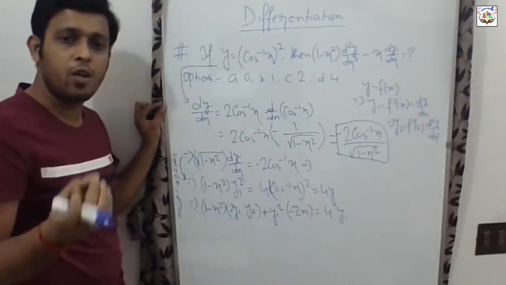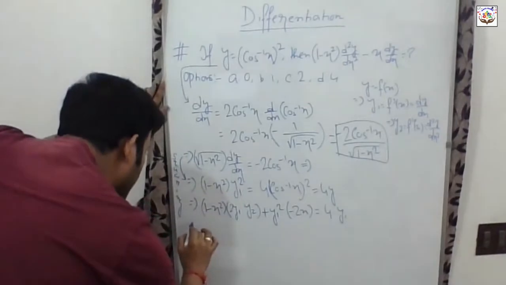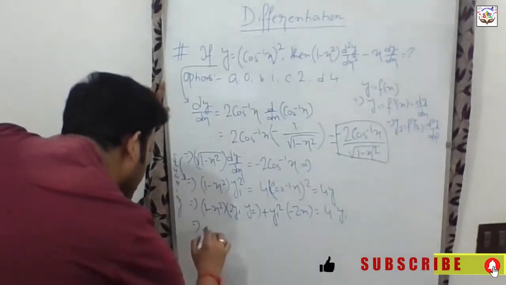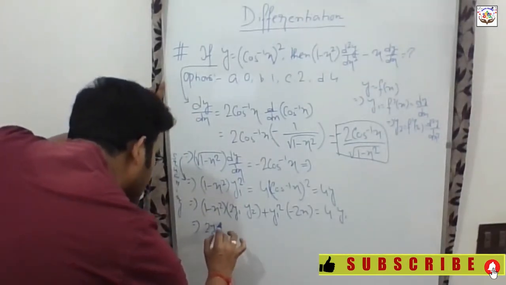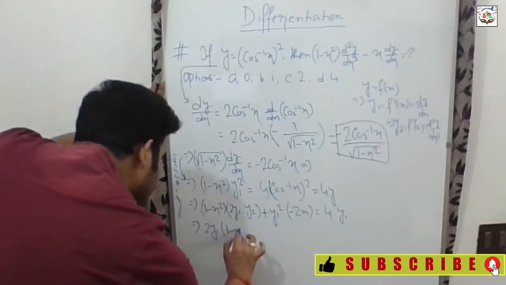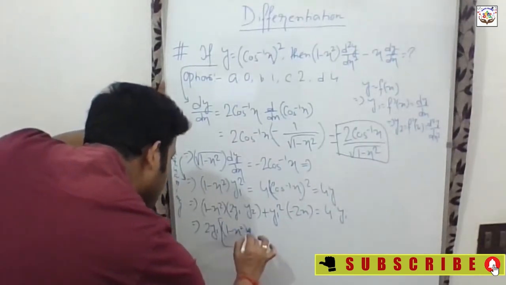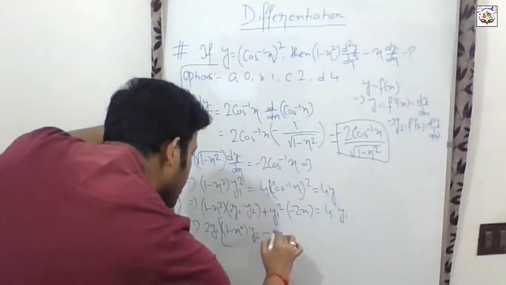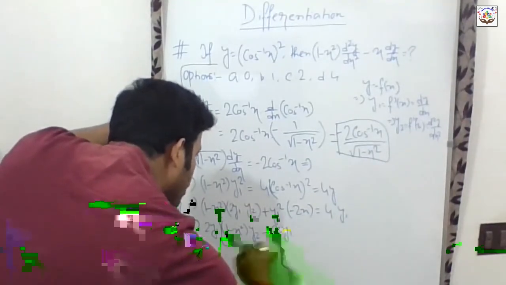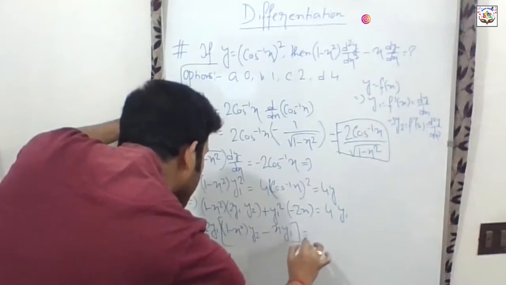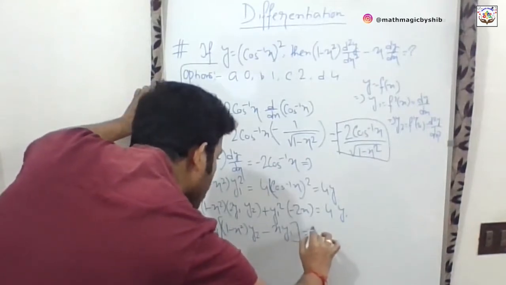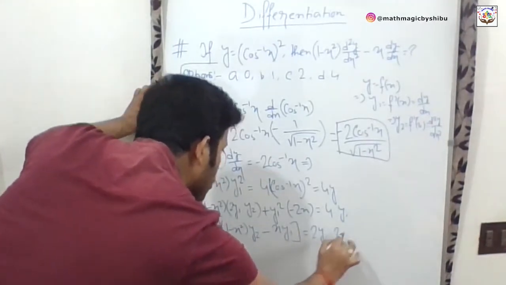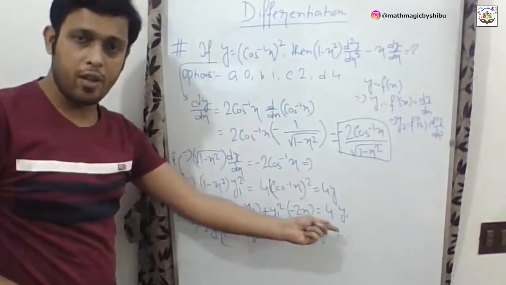We can take 2y1 as common. If we take 2y1 as common from both the sides, we will get 1 minus x square into y2 minus x into y1 equals to 2y1 into 2, so that means it is 4y1, right?